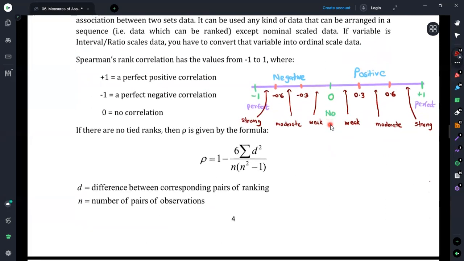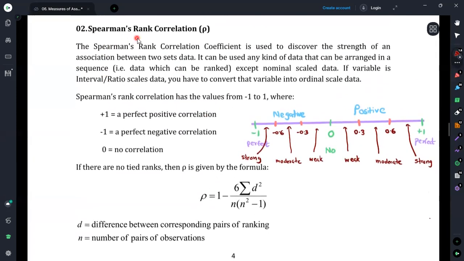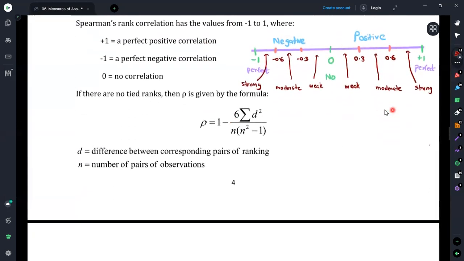Now we'll see how we can obtain the Spearman's rank correlation coefficient. I will explain about the tied rankings in the latter part of this session, and how to calculate Spearman's rank correlation if you have tied rankings as well.